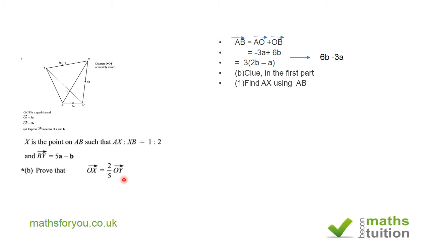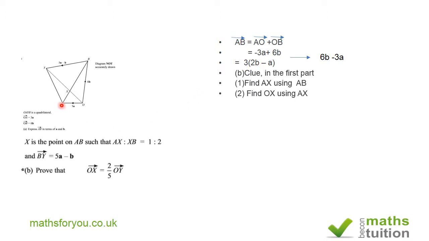We want to find vector AX using AB and then find vector OX using AX. Right, AX then. To go from A to X, we know that AB is 3 into 2b minus a, which is this one here.